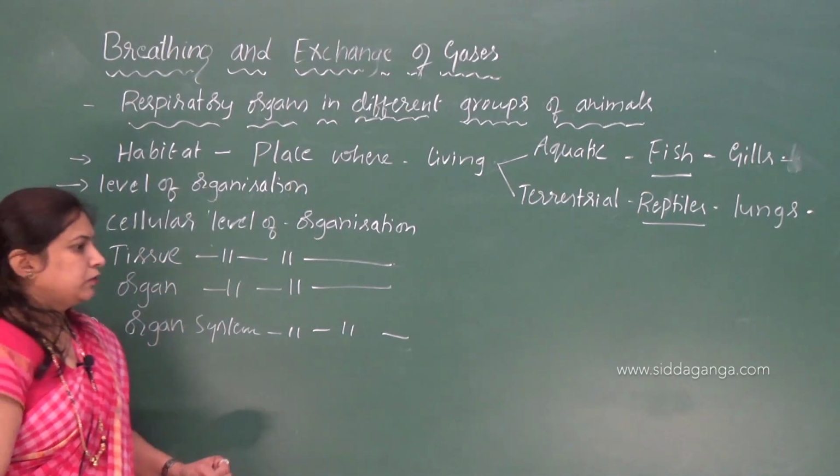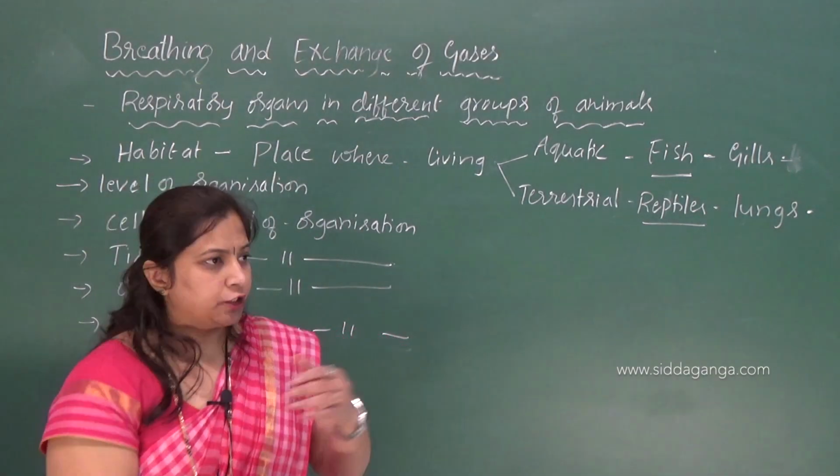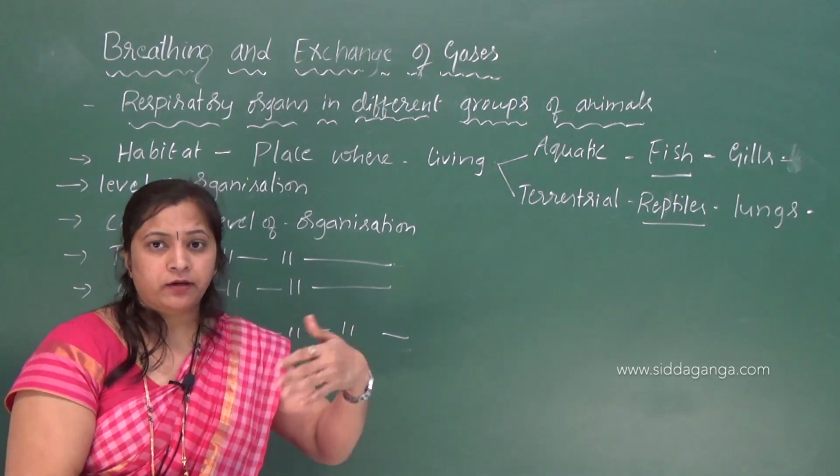See, in case of sponges, poriferans, they show cellular level of organization because tissues and organs are absent in them.